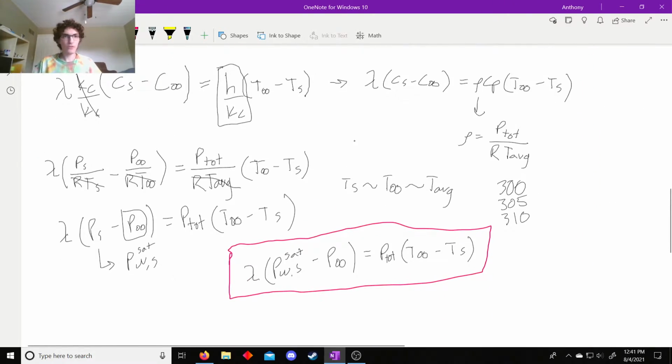Okay. So actually, before we start on that, I did make a mistake in the last video, which was right here. This density, I forgot to include here the molecular weight.